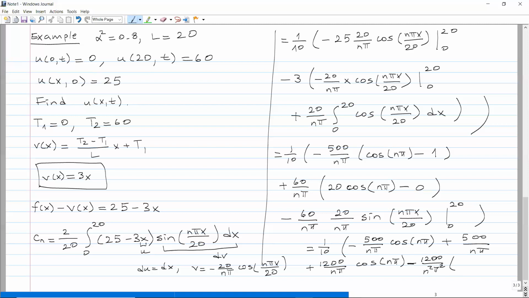When I substitute x equals 20, sine of n pi, minus, when I substitute 0, sine of 0 is 0, but sine of n pi is also 0.